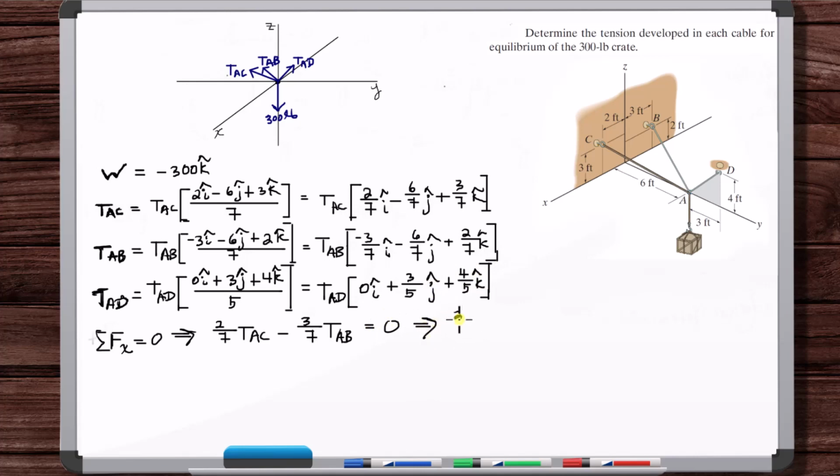Okay, so this is what? We have 2/7 TAC is equal to 3/7 TAB.